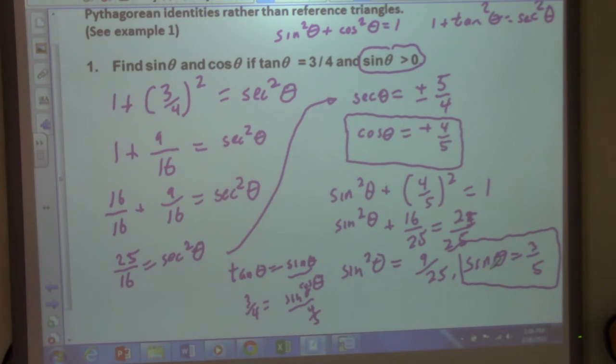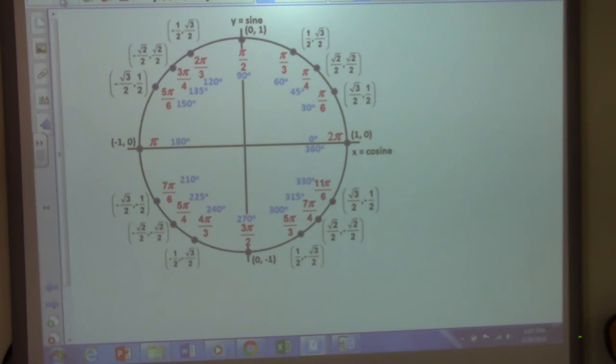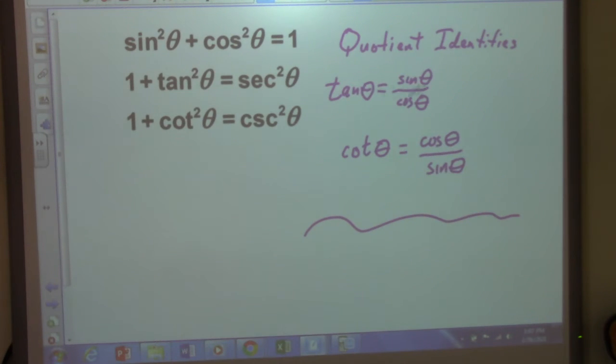So what you do, like tangent is opposite over adjacent, and cosine is adjacent over hypotenuse. And so what she's talking about is this. When you simplify everything out, you end up having a quotient identity like this.